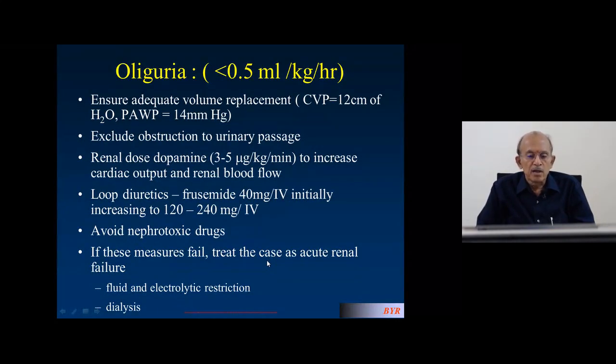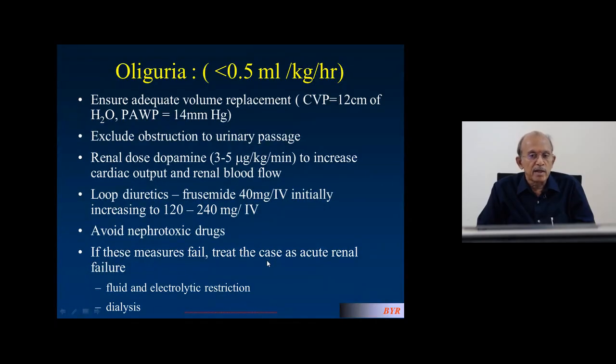This is a very important topic, quite frequently given in the theory examination, and quite frequently you encounter it during your practice, either as a house surgeon or a postgraduate, later as a medical practitioner in any specialty. So you should know about this. As a surgeon, you do some surgery, you keep the catheter, and urine output is not there.